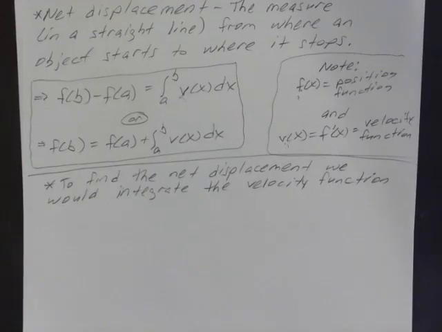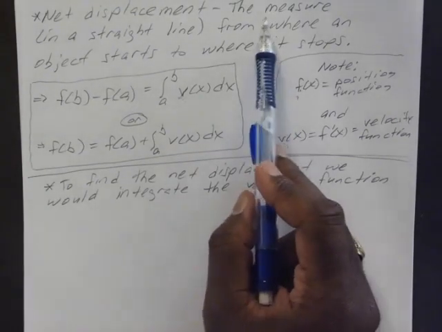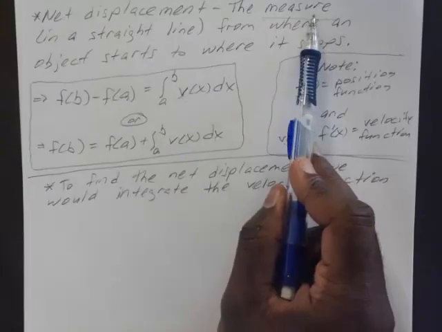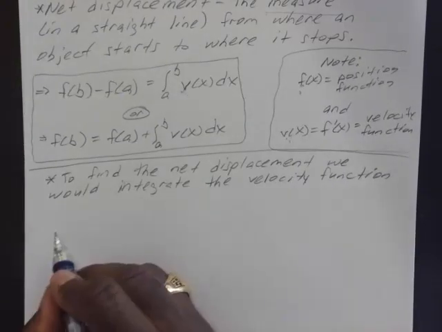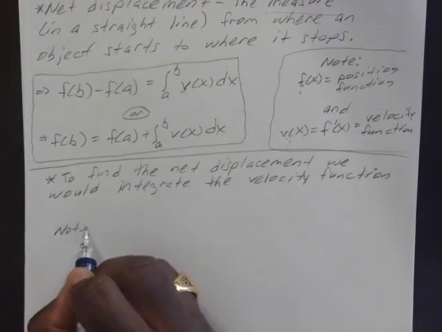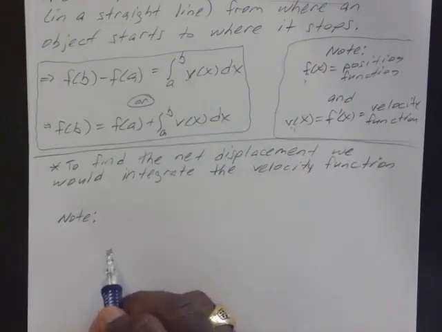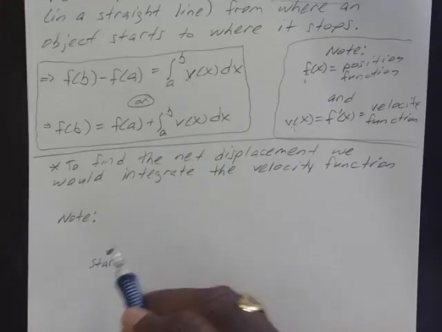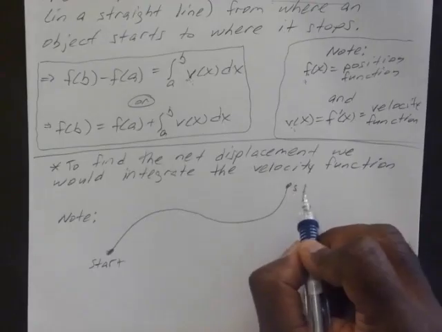Okay. So remember, just to point out, there's a reason I use the measure instead of the distance, because there's a difference between distance and displacement. And sometimes a visual helps. Let's say you start right here and you stop right here.